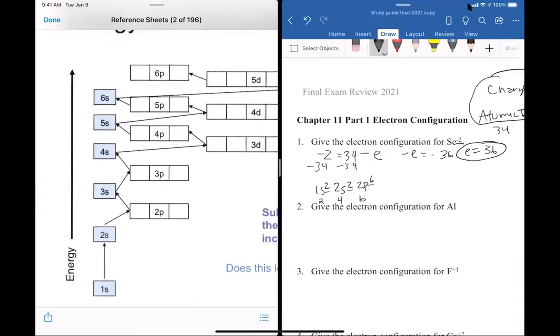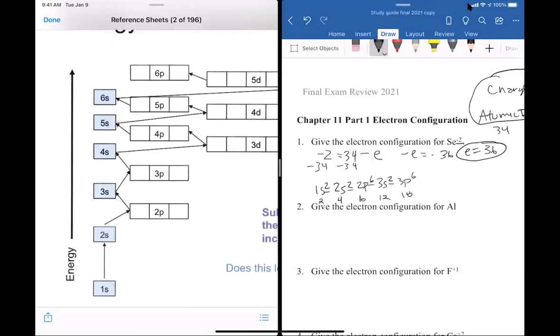I have 10 total. Then after 2p, we have 3s. We can only fit 2, so that's 12 total. 3s2. Then after 3s2, we have 3p. There are 3 boxes, so that's 6, so that's 18.